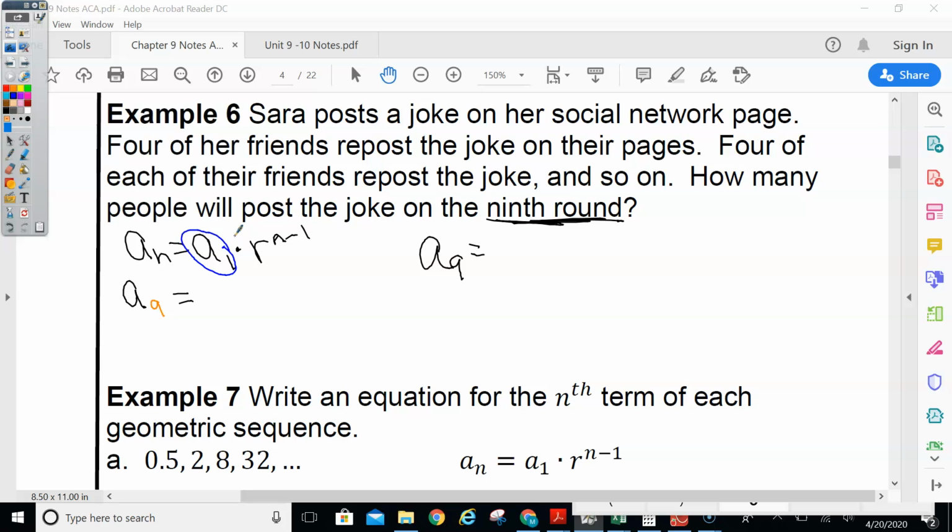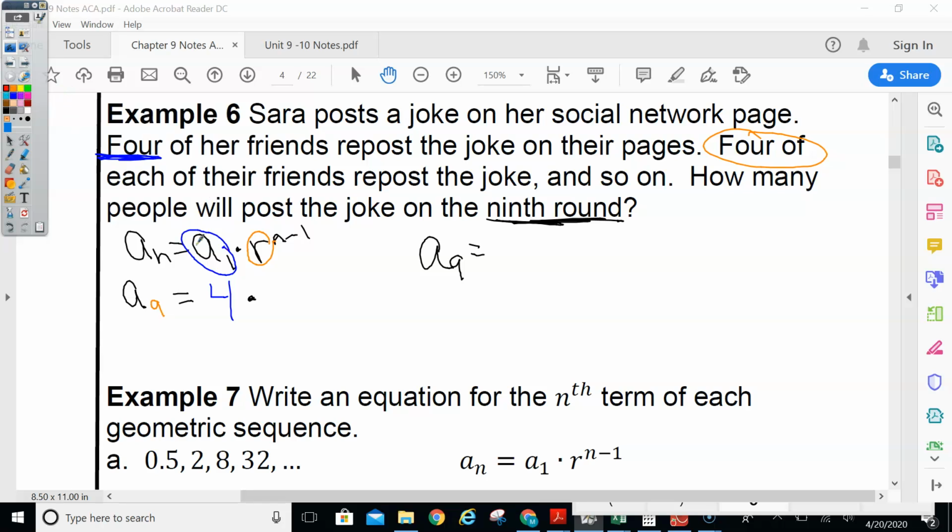So on the first round of her posting the joke, it says 4 of her friends repost the joke. So on the first round, there's 4 people that know the joke. Times, after that, how many people do they repost? Well, after that, 4 of their friends repost. So that's going to be the r here.